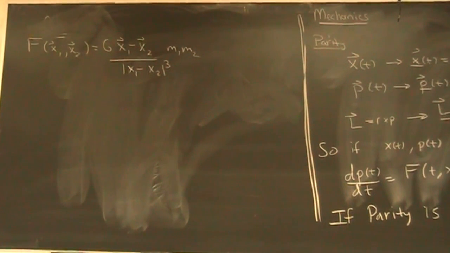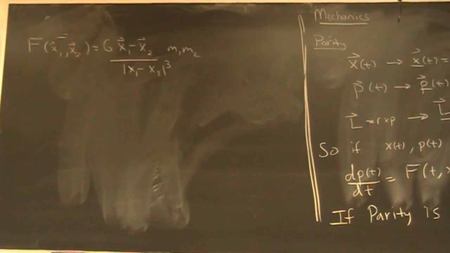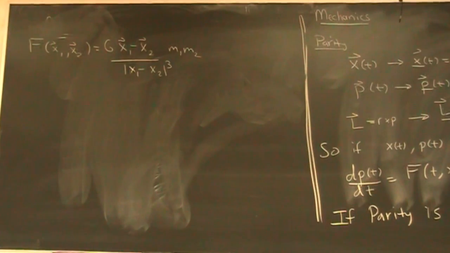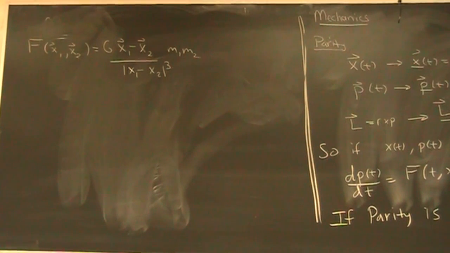Yeah, go ahead. I don't see how this can possibly break down if force is dp/dt. How could it not be? Simple. If the force is not odd, then there's no relationship between the solution in one place and the inverted solution, which is saying that parity is not a symmetry.